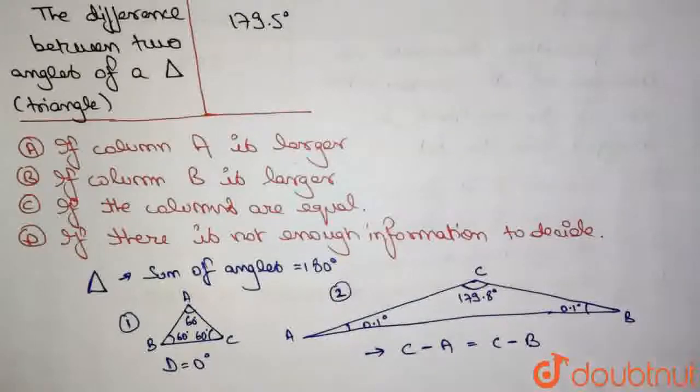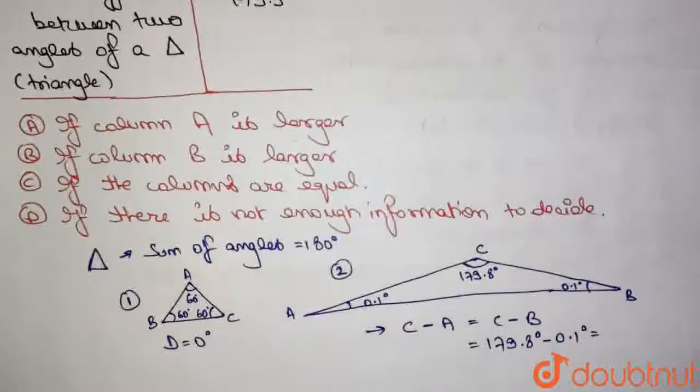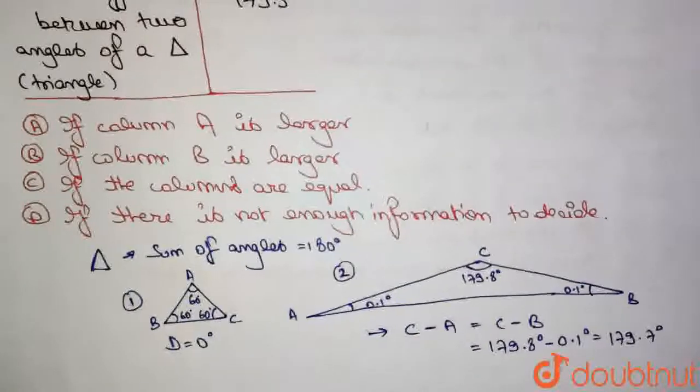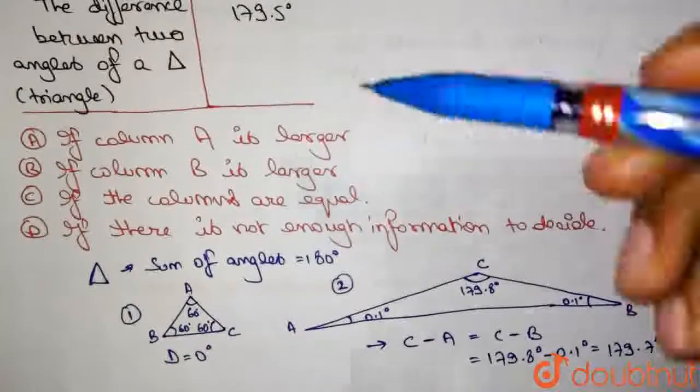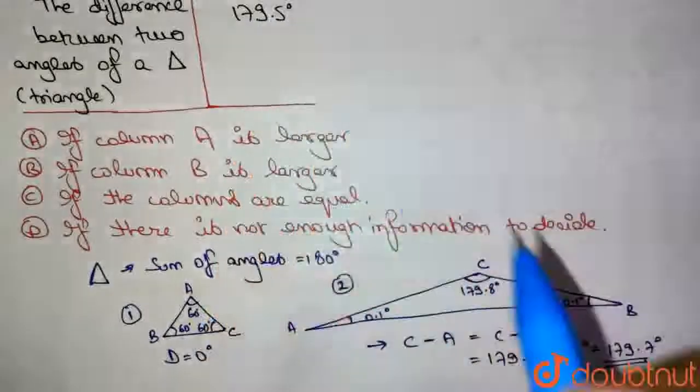Angle A minus angle B is going to be 0, so let me simply check C minus A equals C minus B. And what is this value? It is simply 179.8 degrees minus 0.1 degrees, which equals 179.7 degrees. And if you notice, column B was 179.5 degrees, and here we got the difference as 179.7 degrees, which is actually larger than column B's value.